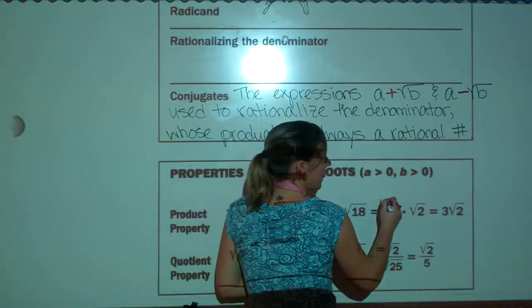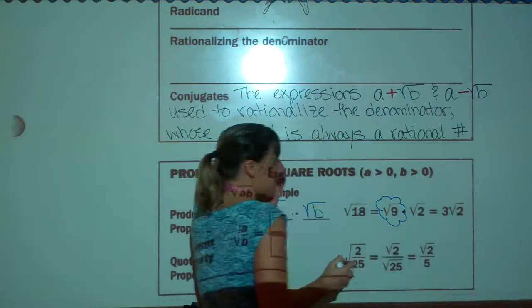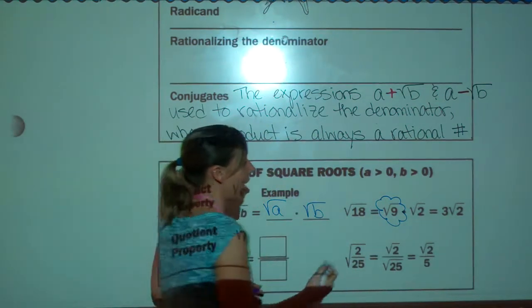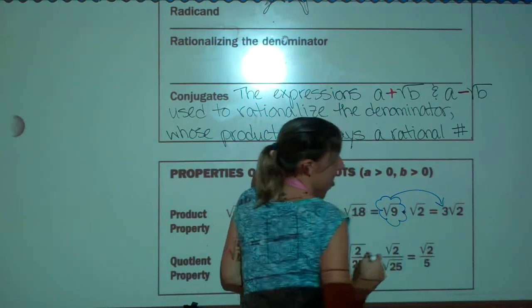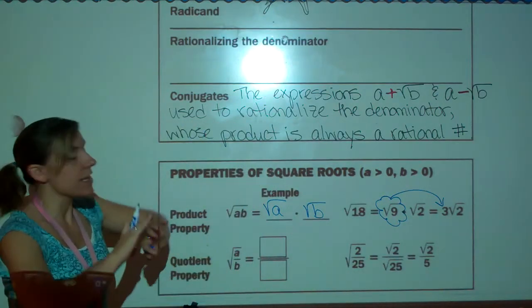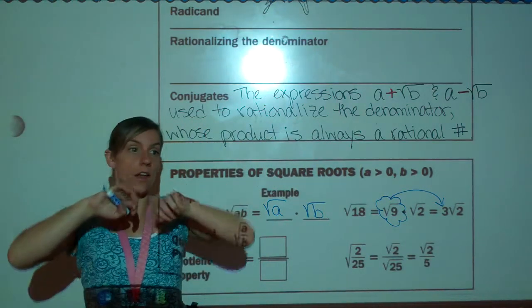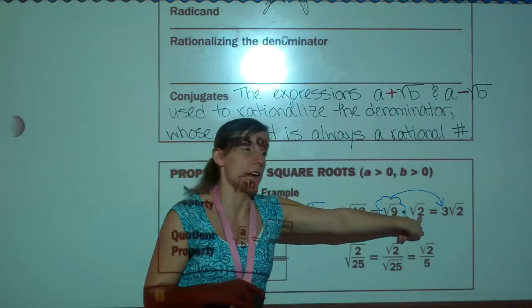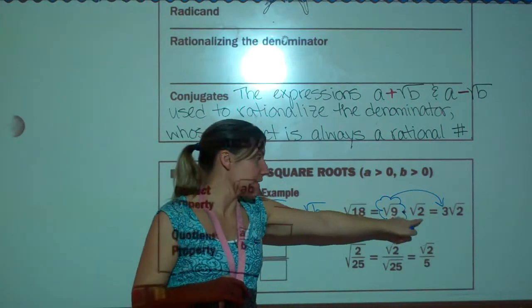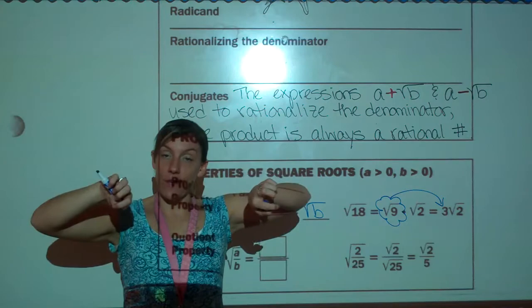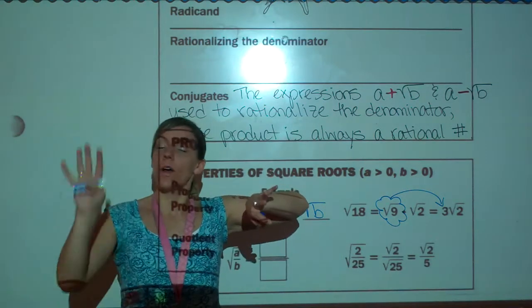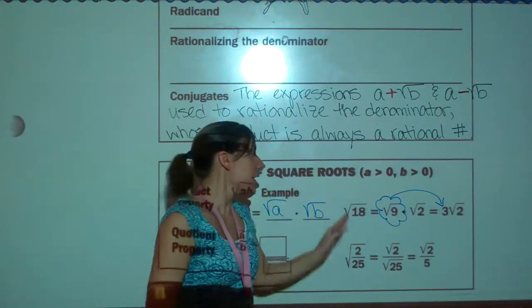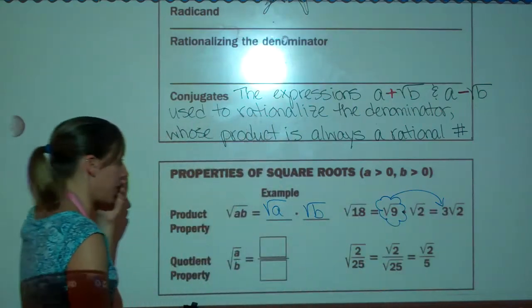And that's helpful because the square root of 9 is the number 3. So we can actually look at products, or what I would call factor pairs. For 18, a factor pair is 9 and 2. So we can split the factor pairs so that if one of them roots, we can square root it, and the other one will just stay where it is, okay?